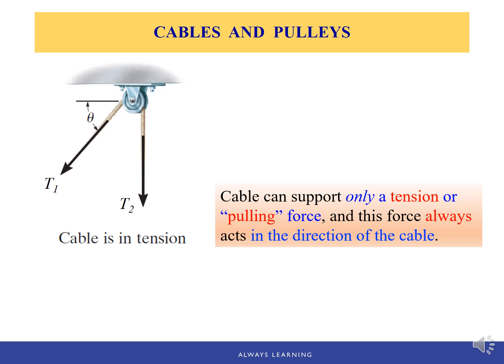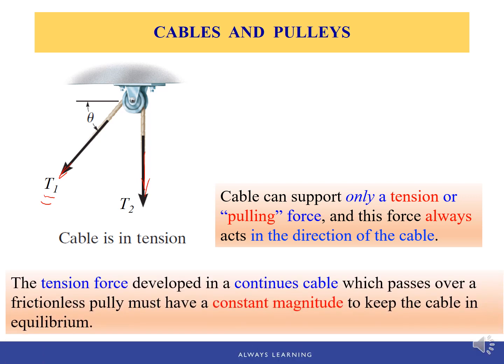In this case, we have two tension forces, T1, which pulls in this direction, and T2, pulling down. And second, the tension force developed in a continuous cable which passes over a frictionless pulley must have a constant magnitude to keep the cable in equilibrium.